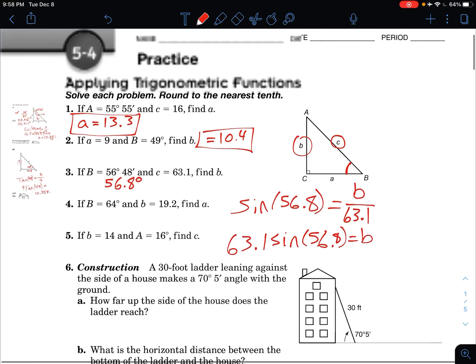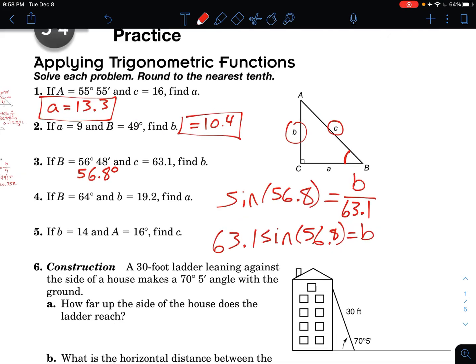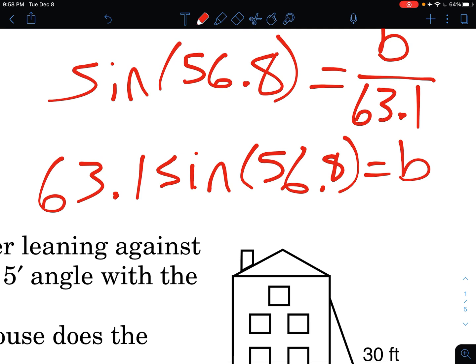It's going to be equal to B. Alright, so when we type that into our calculator, we get 52.8 when we round it to the nearest tenth.